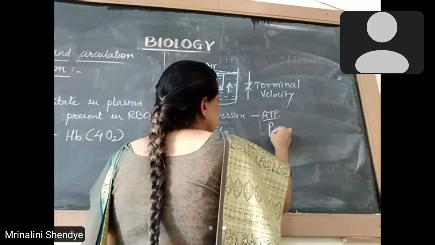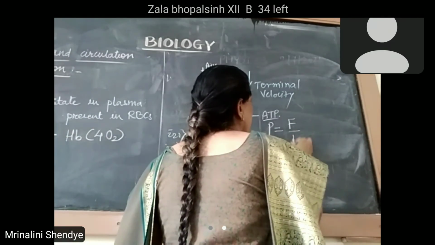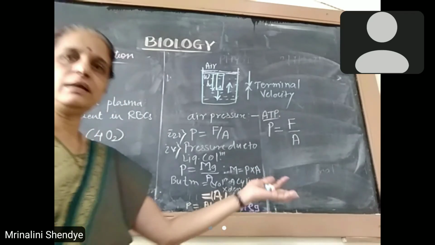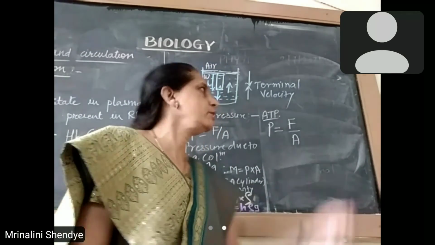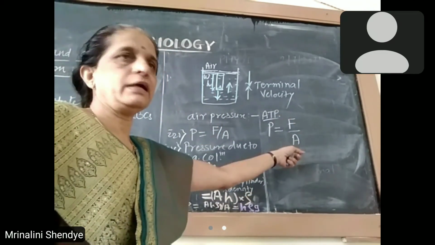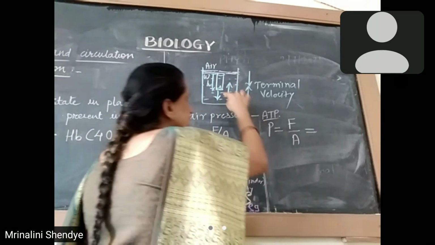In 11th standard we studied that pressure is equal to force upon area. This is a simple equation you always use for pressure: force upon area. What is the force in this case?